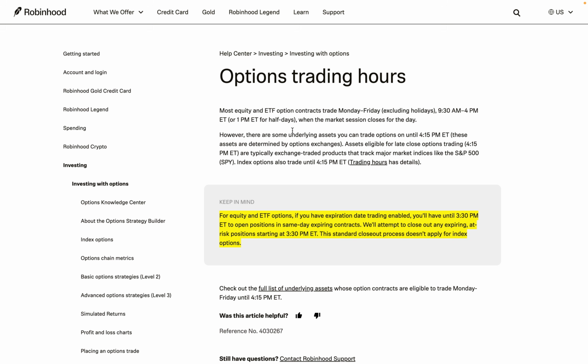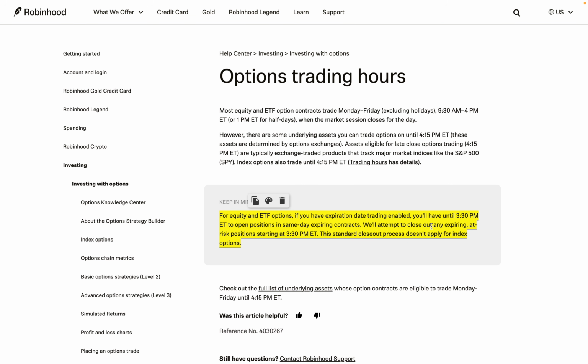So if you take a look here, again, for equity and ETF options, if you have expiration date trading enabled, so that's another thing, you have to enable being able to trade 0 DTE options on Robinhood. You'll have until 3:30 p.m. Eastern Time to open positions in same-day expiring contracts.